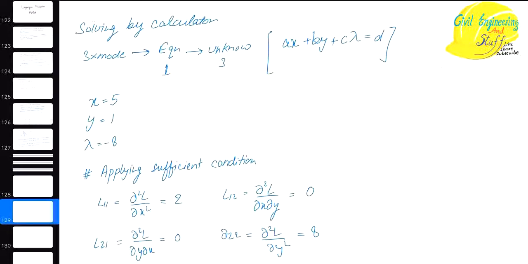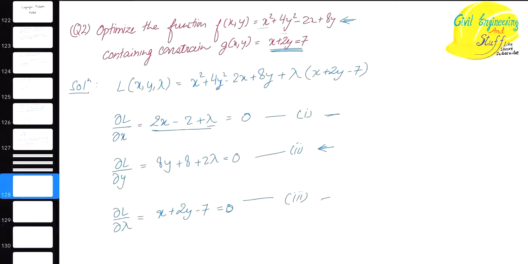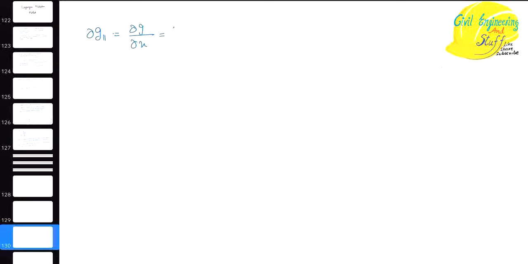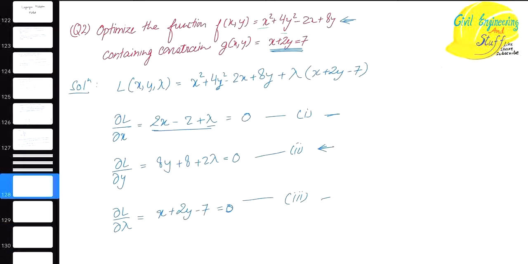Then we have differentiating the constraint. g11 is dg by dx, so partially differentiating with respect to x we will have 1. Then g12, with respect to y, we will have 2.